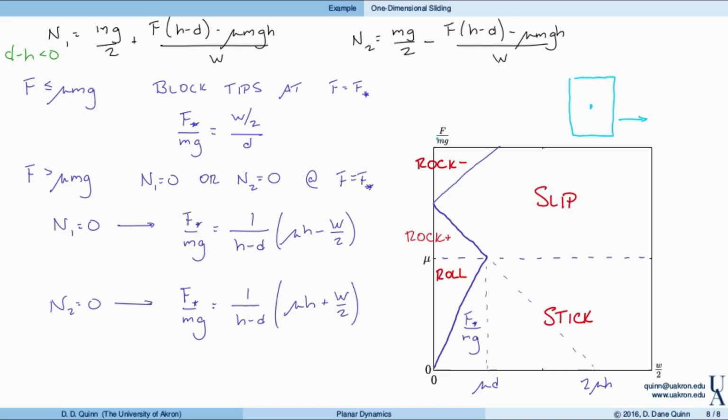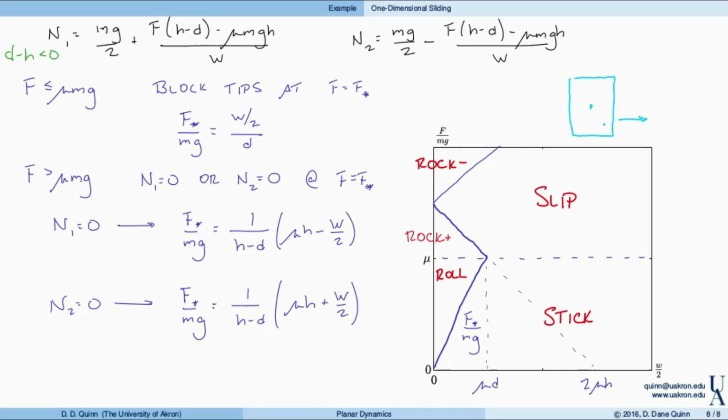But if the force is large enough, or equivalently the coefficient of friction is small enough, then the block could undergo steady slipping. It could rock in the positive direction. So as I pull, it might just slide and tip over. Or it could actually tip backwards. So this would be like pulling the feet out from underneath the block.